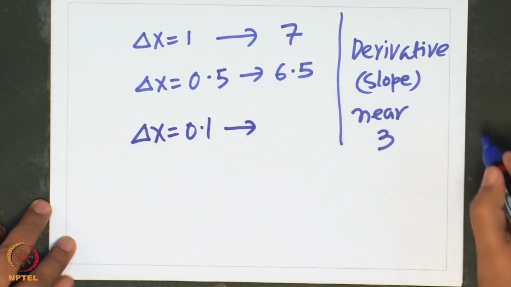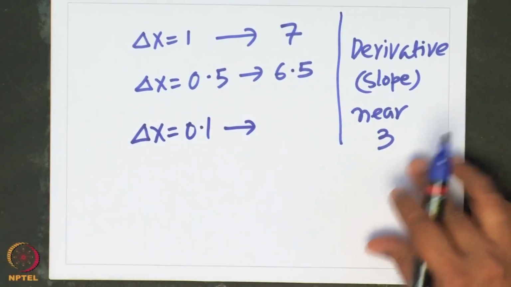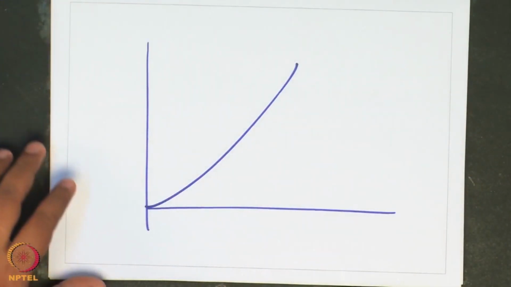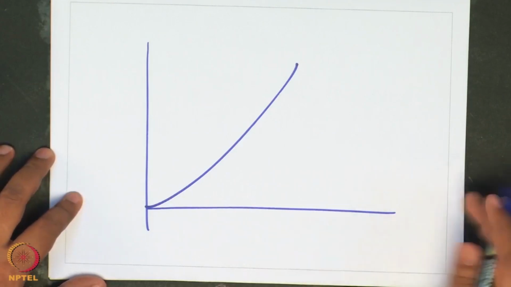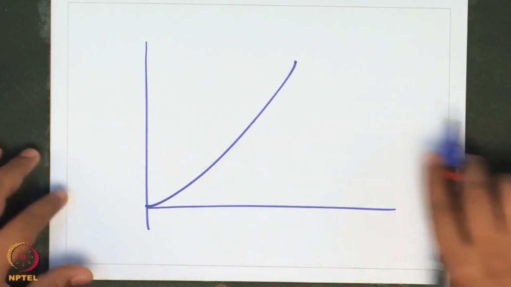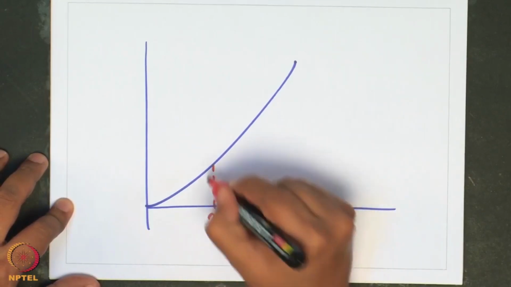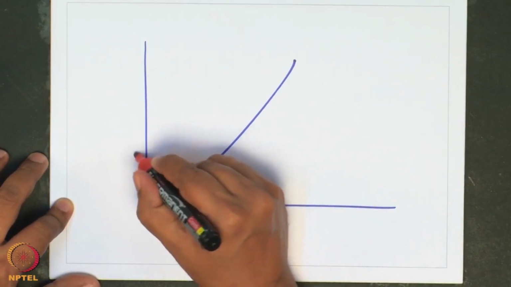Then what is the slope that I would get? Let us see. I have this curve y is equal to x square, and this is my point of interest, which is 3, and this is 9.